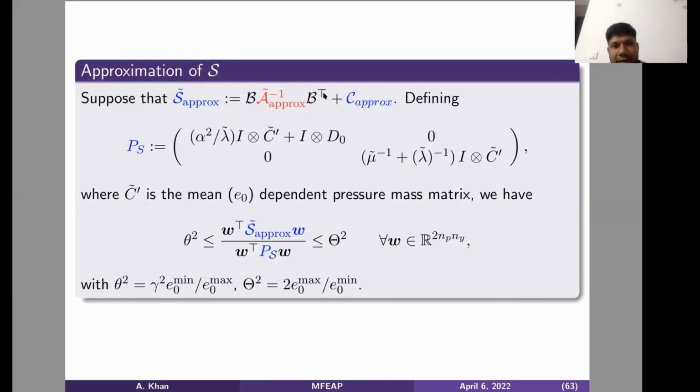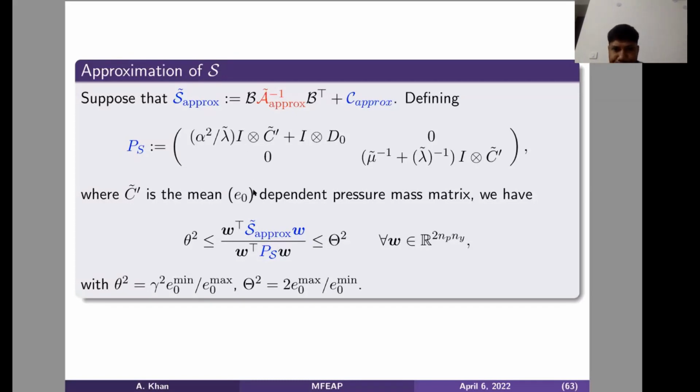If we use this directly, as I said, it is not the sparse one. So what we do is, we have the inf-sup condition, and we use this and write the matrix corresponding to this. Here we see that this C tilde is nothing but the mass matrix, and D naught is the mean part of our D component.